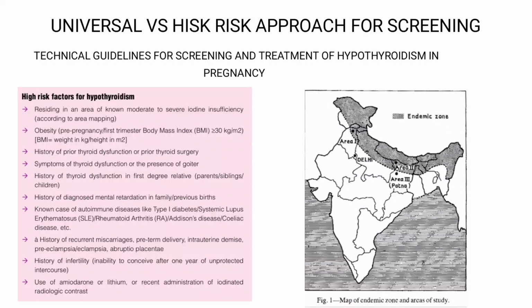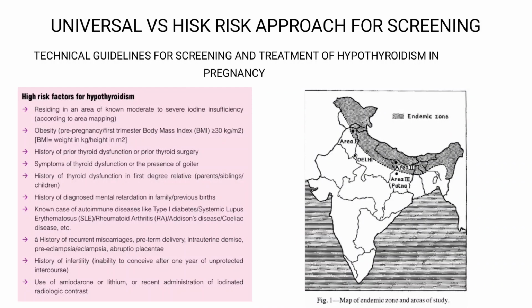Then coming to history, if there is a history of prior thyroid destruction or prior surgery, if there is a family history of mental retardation of previous birth, or if a first degree relative is hypothyroid, if there is a history of recurrent pregnancy loss, preterm birth, IUDs, preeclampsia and abruption, if there is a history of infertility, and if the patient has an autoimmune disease like type 1 diabetes mellitus, SLE, RA, Addison's disease, celiac disease, etc. And in case of drugs like amiodarone and lithium, or the recent administration of iodinated radiological contrast.